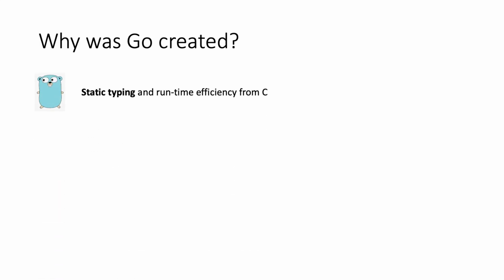So why was Go created? Well, the creators were looking at C and C++, and they saw that they wanted the static typing and the runtime efficiency, but they also wanted the readability of JavaScript and Python. If you've ever seen a program written in JavaScript and Python, you realize how easy it is on the eyes. There's not a lot of extra characters that don't need to be there.